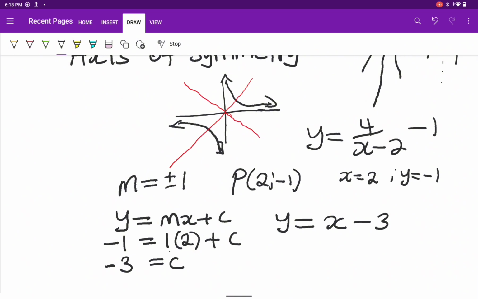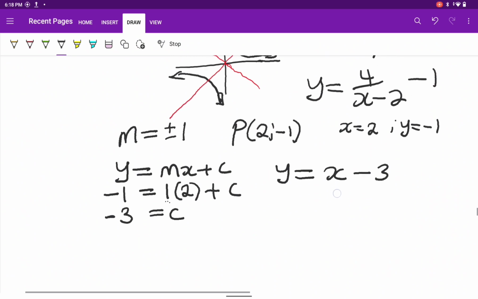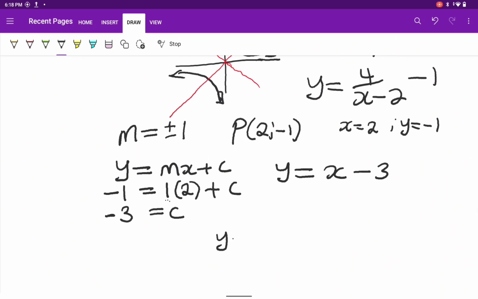Now the other one, we substitute the m with -1, and we do the same. We have y = mx + c. Substituting y, it's -1, and m is now -1.